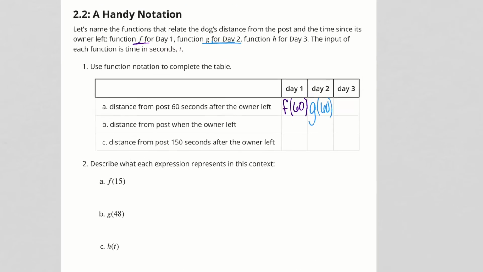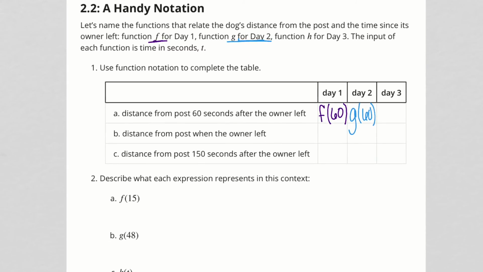And then for day 3, we're going to do h, so h of 60 seconds. If we plug in the time, we would find the distance from the post for that function. If we had an equation, we would plug in that number, and then we would get an answer.